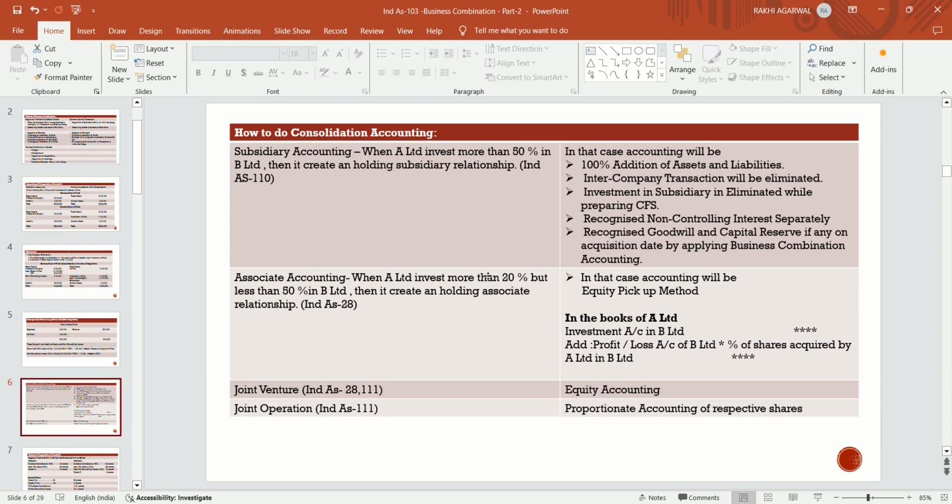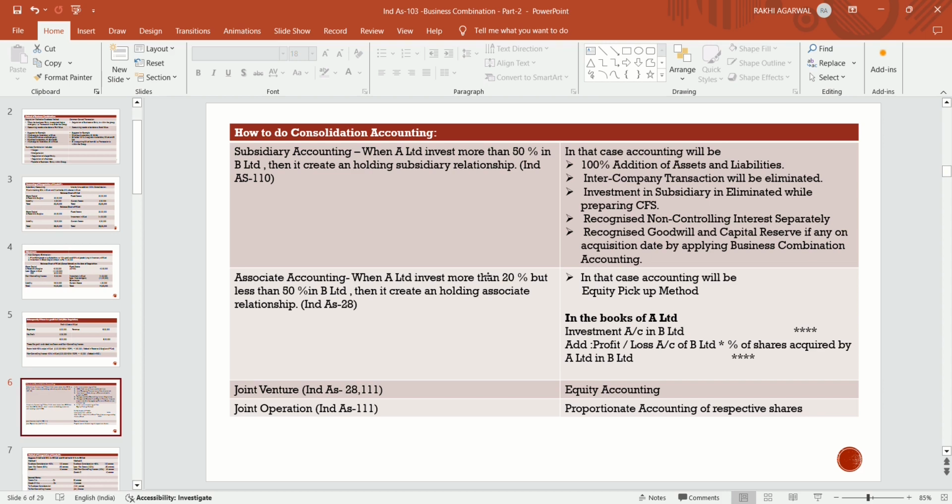Now in case of subsidiary accounting, what happens? All the 100% assets and liabilities are to be added. Intercompany transactions will be eliminated. Investment in subsidiaries is eliminated while preparing CFS. 100% addition of assets and liabilities is to be made.